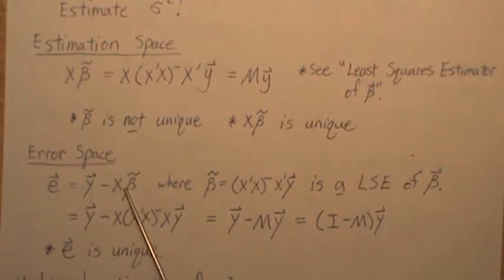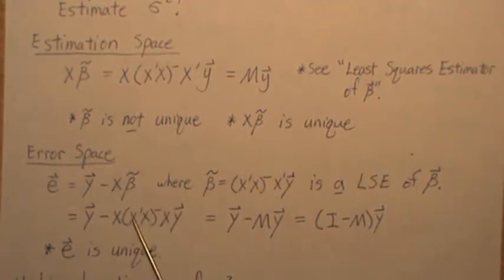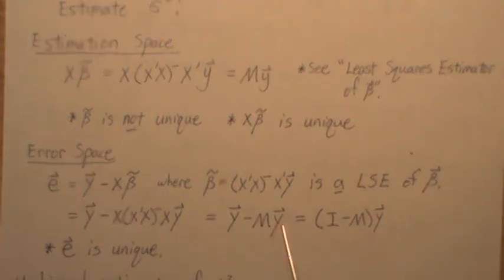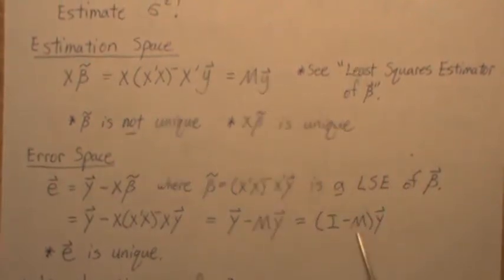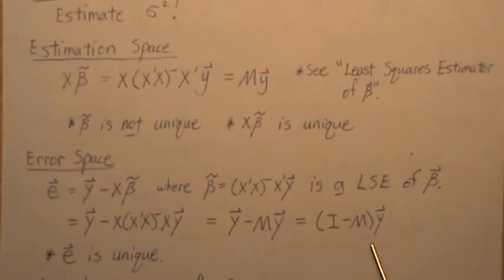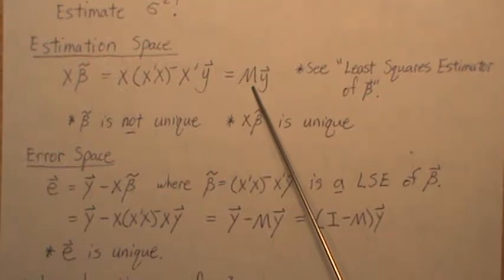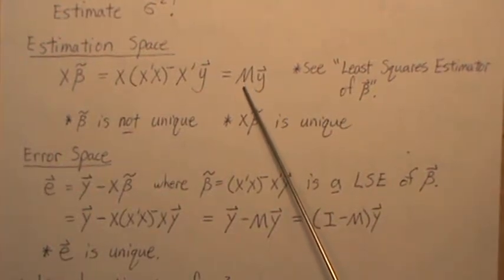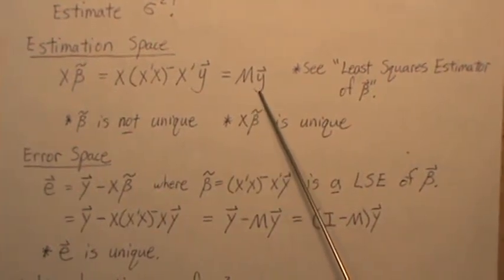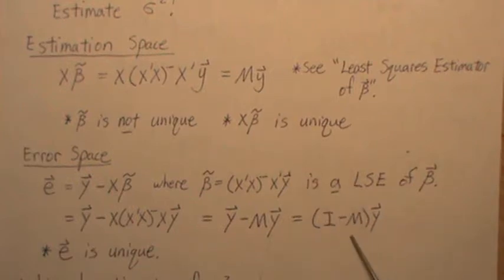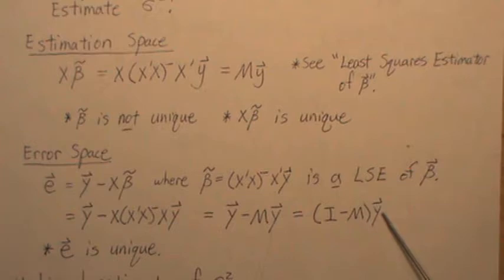And so if we plug in what we know here, it's this, which is My, from the previous video. We can factor out a y, and we get I minus M y. And this totally makes sense because here, the estimation space is M. M is the perpendicular projection matrix on the column space of x. And I minus M is the perpendicular projection matrix orthogonal to the column space of x. And so it's the error space.